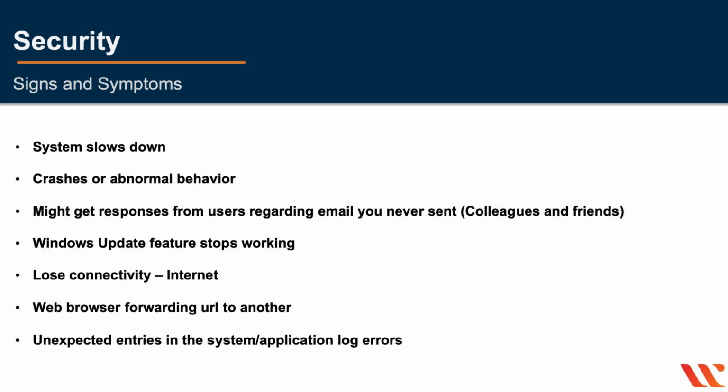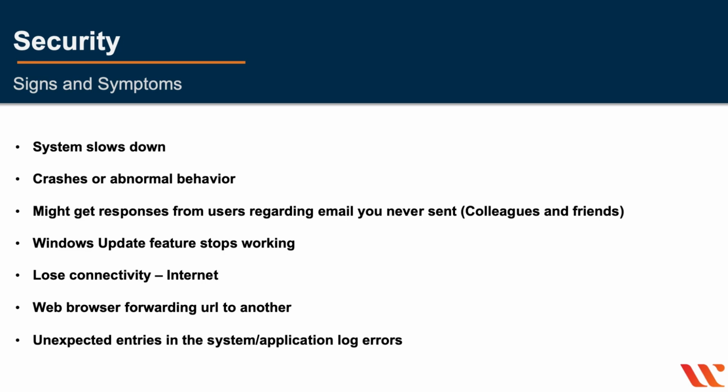This is a very specific case where you might be getting responses from other users, especially your colleagues or people that you usually communicate with by email or by SMS, saying that you are sending them suspicious messages. And in this case, you're actually not sending anything, it's just the malware or the virus that resides on your machine that's sending out to all your contacts.